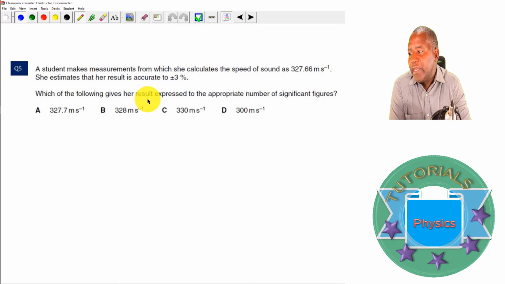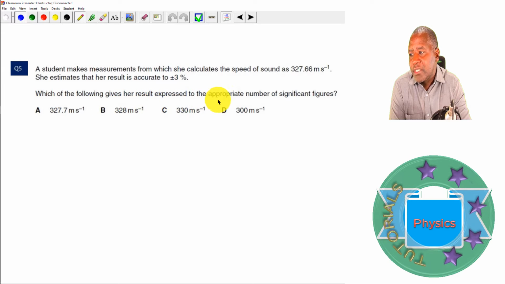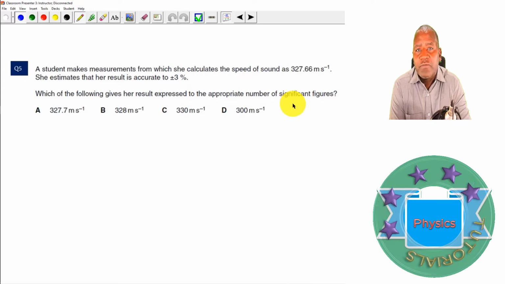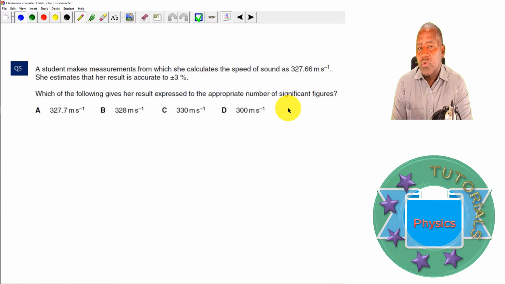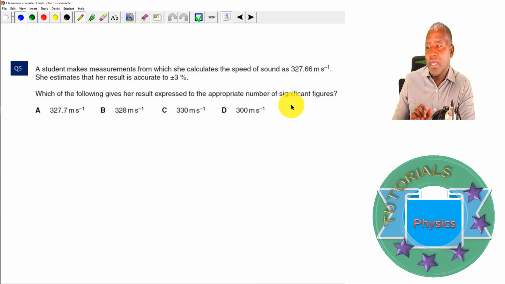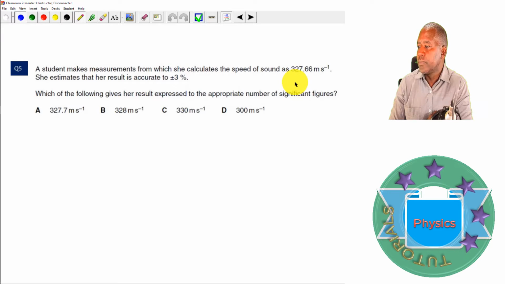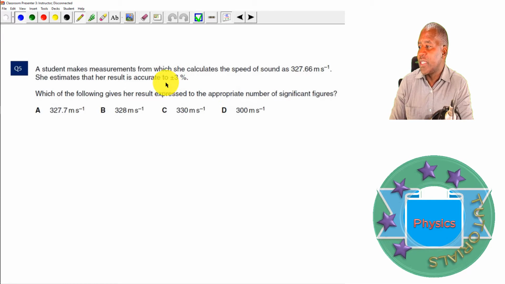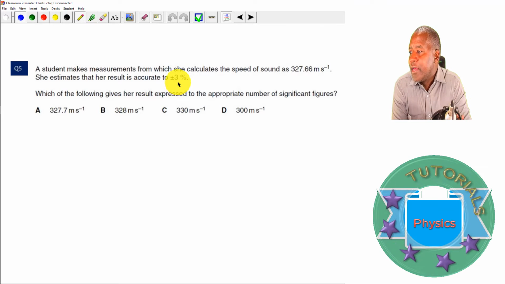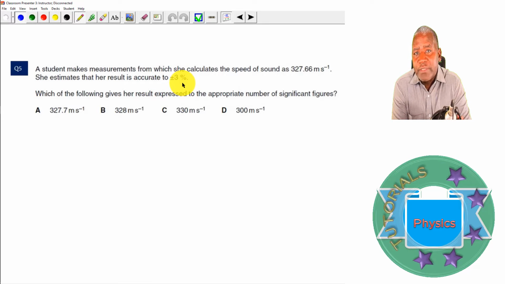Which of the following gives her result expressed to the appropriate number of significant figures? Now, this question is important in 2 ways. The physical quantity that is given, the uncertainty in this physical quantity is a percentage.